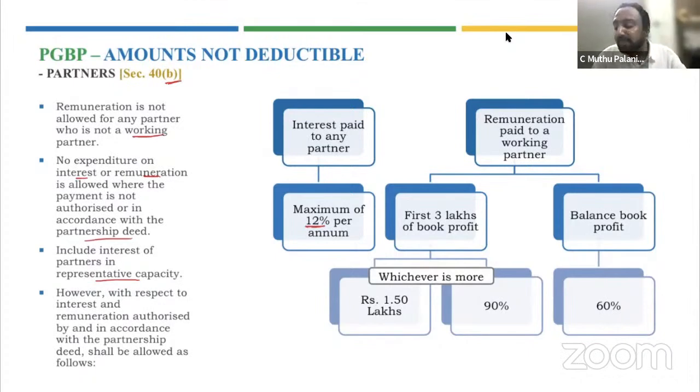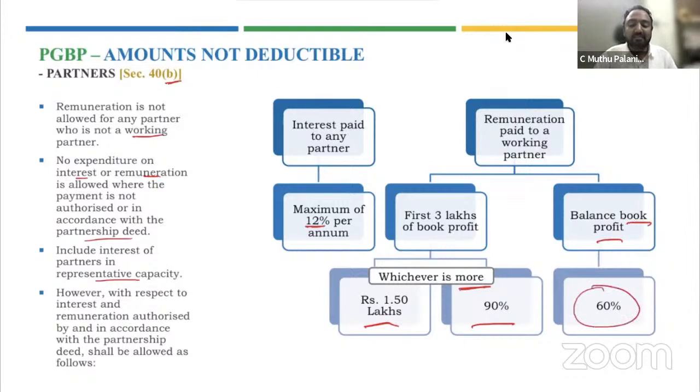But in the case of remuneration paid to a working partner, it's like a slab rate. For the first 3 lakh of book profit, it is 1.5 lakhs or 90%, whichever is more. But for the balance book profit, that is anything above 3 lakhs, a maximum of 60%.